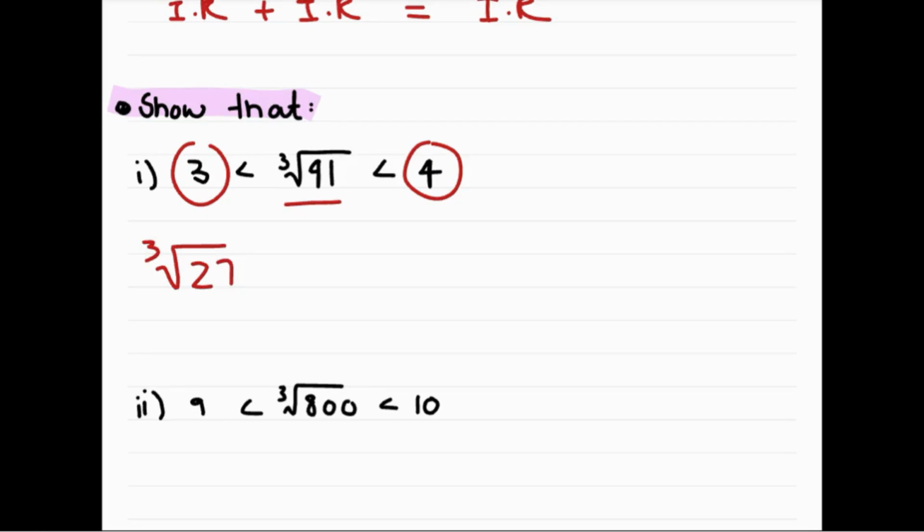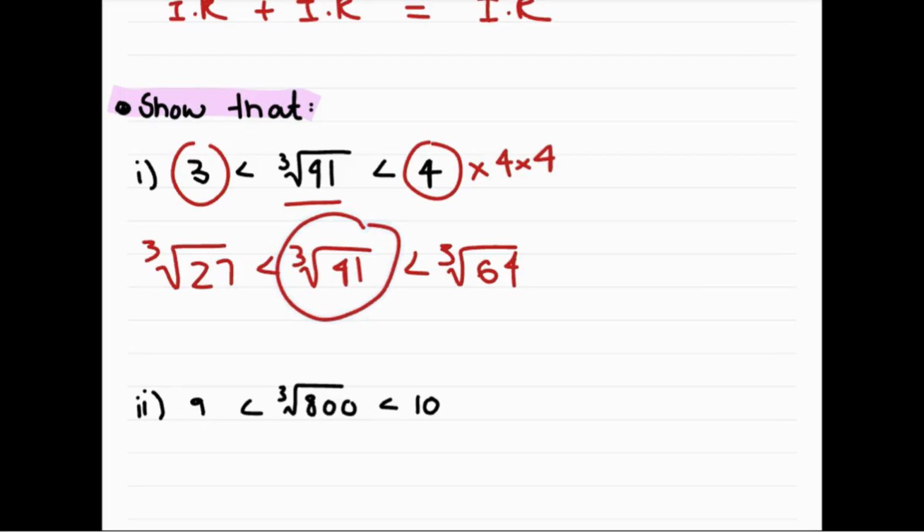So cube root of 27 is smaller than the cube root of 41, and for 4, it's going to be 64 because we just multiplied it 3 times, right? We'll get 64. So what we just did over here is that we proved that cube root of 41 is smaller than cube root of 64 and it is greater than cube root of 27.